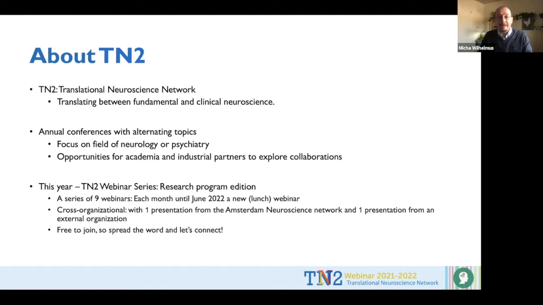And the idea is every time similar, we have a cross-organizational setup, meaning one presentation of a key speaker from the Amsterdam Neuroscience Network, and then a presentation of one external excellent speaker. And again, today we have such an excellent speaker. It's free to join, and please spread the word if you know anyone or any organization who would be interested in joining our webinars.